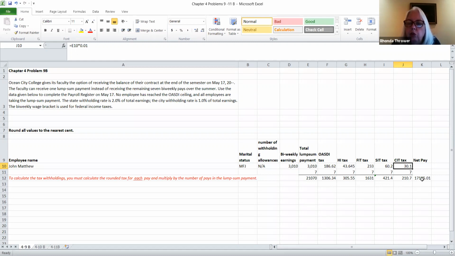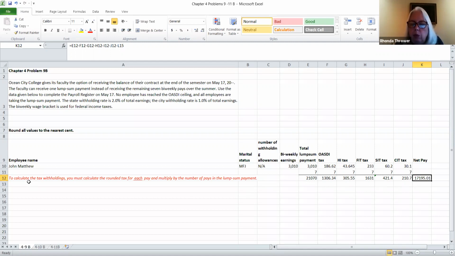Then you'll calculate the net pay by taking the total lump sum payment and subtracting out each one of these tax amounts. What's left over is the net pay. Then you would transfer these amounts into Cengage. And that's all you do for this particular problem.